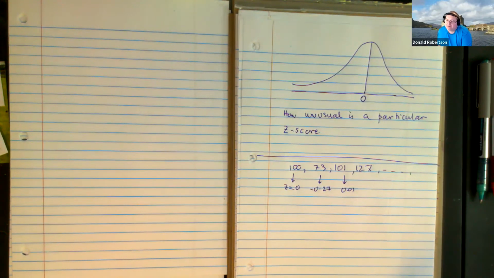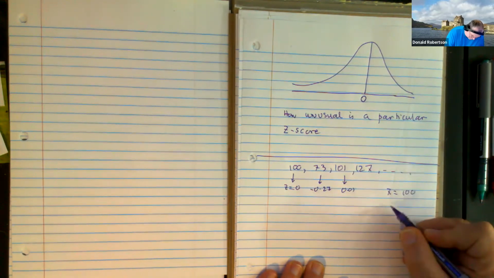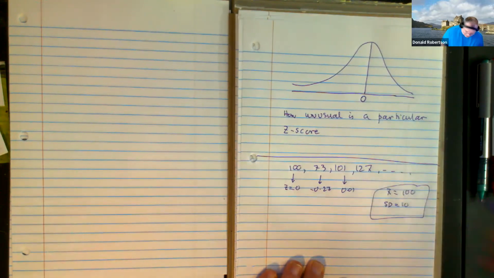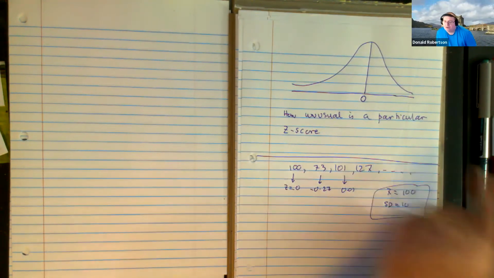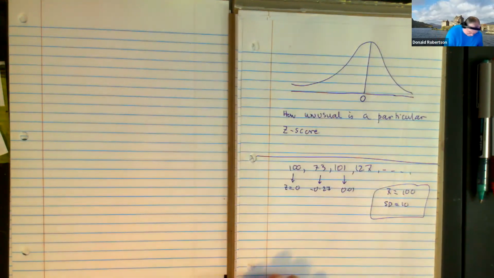Why is the middle of the hill at 0? Why is a z-score of 0 the same place that the mean would be? The IQ is 100, average, and the standard deviation in this particular story is 10. Why would 0 be the most likely place?